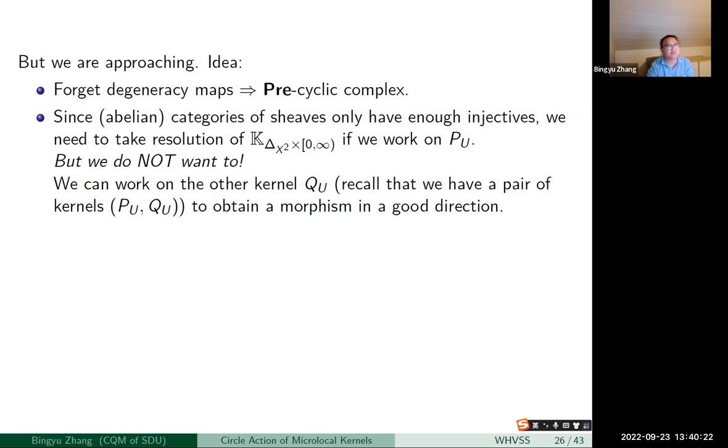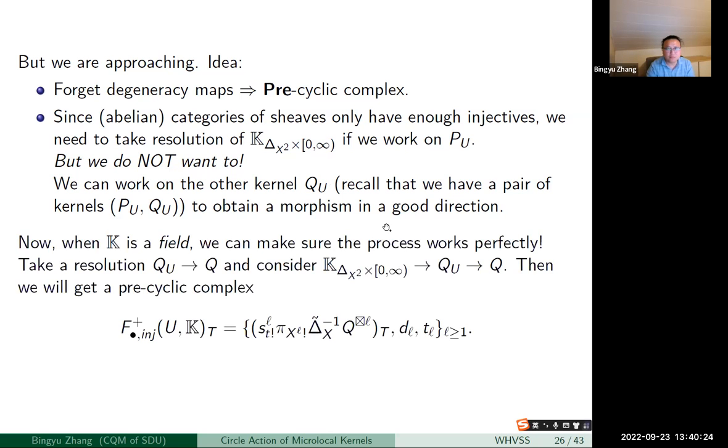It means that we remove some constant loops. Now we can prove that if the coefficient ring is a field, and we take the resolution of QU, and then define this pre-cyclic chain complex on chain level, then we get a pre-cyclic chain complex that represents the positive theory.